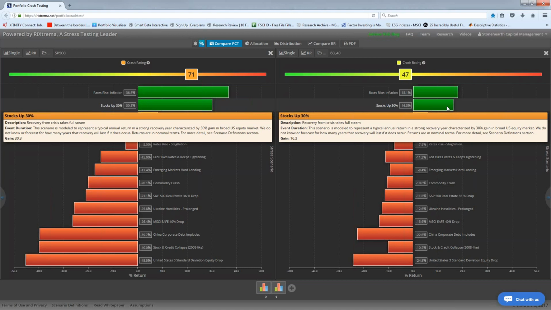So again, this is how we compare portfolios, and the one thing we like about this is you could add multiple portfolios. I'm not going to do it here because it gets really convoluted on the screen, but we can bring in any portfolios you want. You can bring in your real-time portfolios, which is another feature of the software. This is directly linked to your accounts if you're a client of Stonehearth Capital Management. That feeds in directly from our custodian.